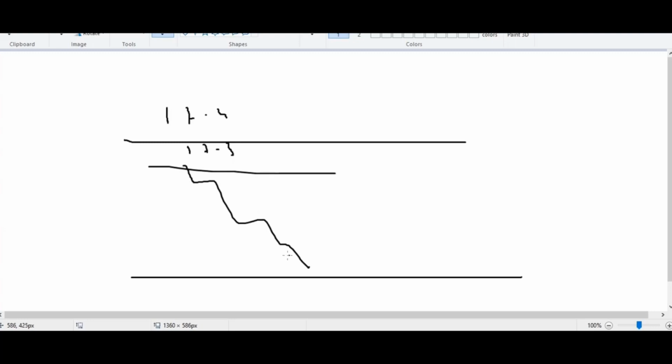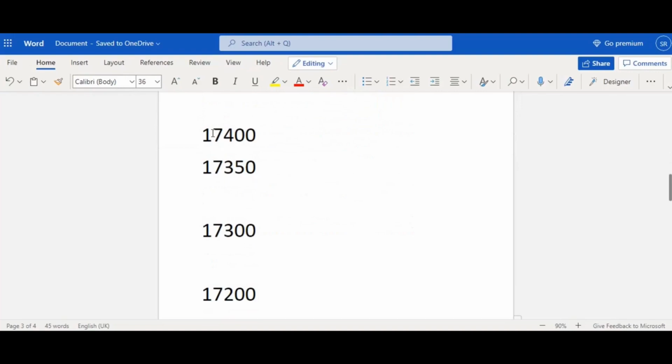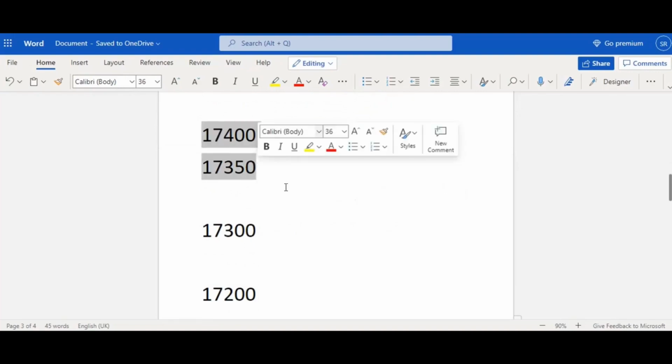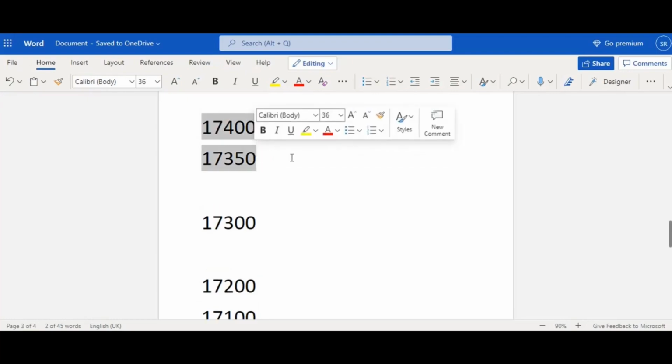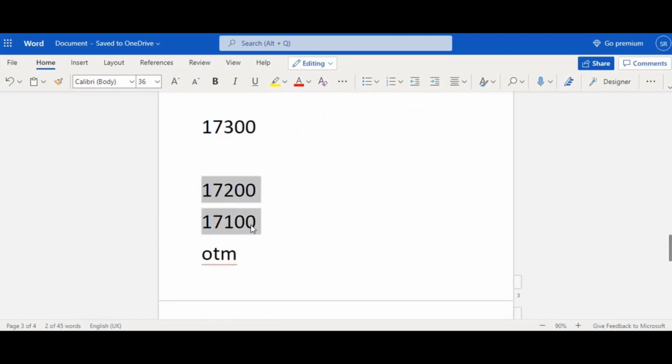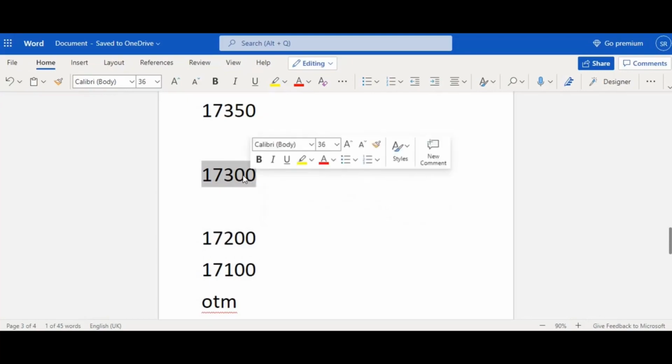So that is why this is going to be in the money. So what is out of the money for calls is basically in the money for puts. And what is in the money for calls is out of the money for puts. Getting it? And the ATM, meaning the at the money, remains the same for both.